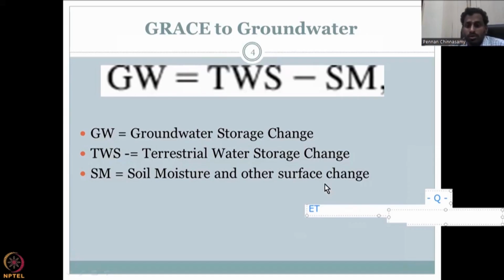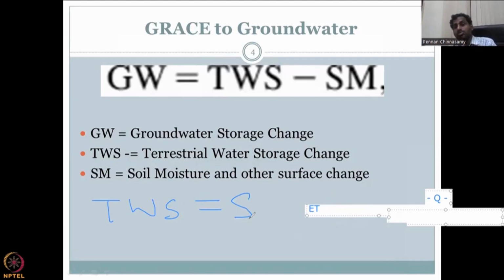Good. So what has happened is we have seen that TWS, we write it again. TWS is equal to your groundwater storage, all storages together, just the storage change, the total storage change.